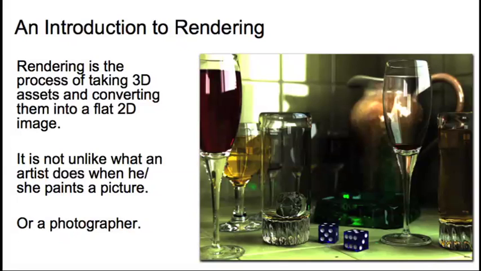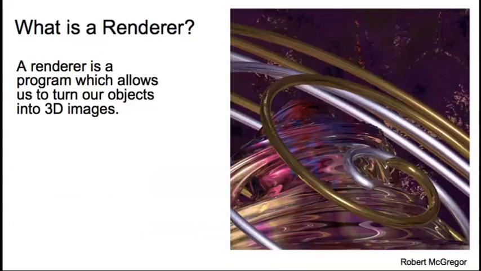Renderers take all the 3D objects in your scene, and they collect together all of this information, all of this geometry and lights and cameras and textures, and they turn it into a flat 2D image. A renderer is the program which allows us to do that, and there are two main renderers in Maya.